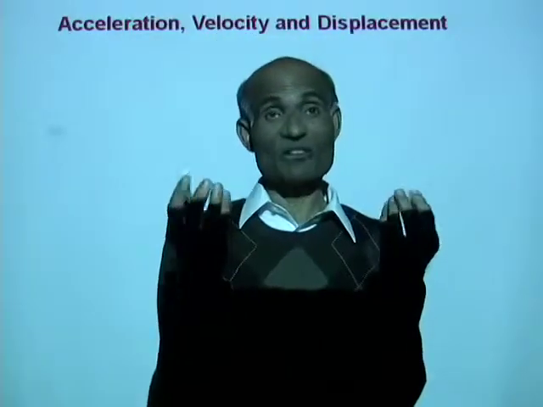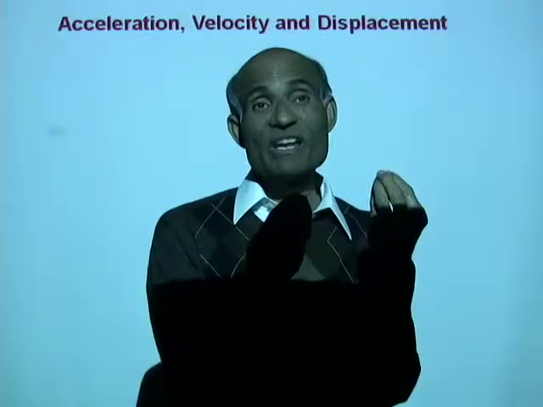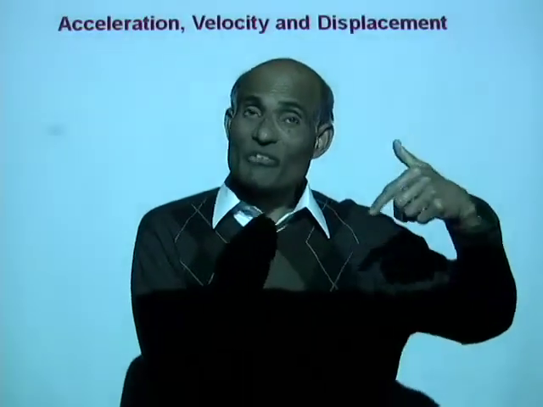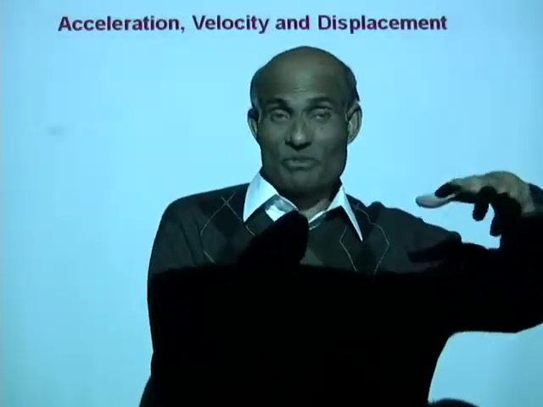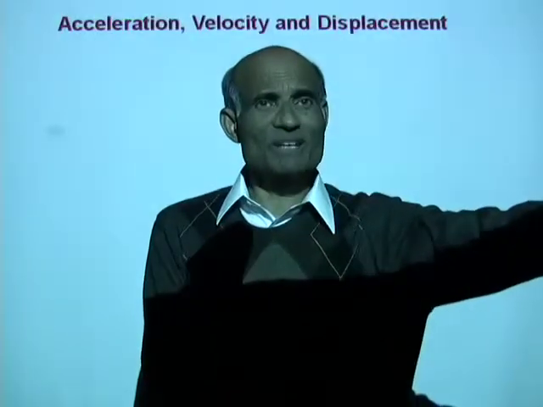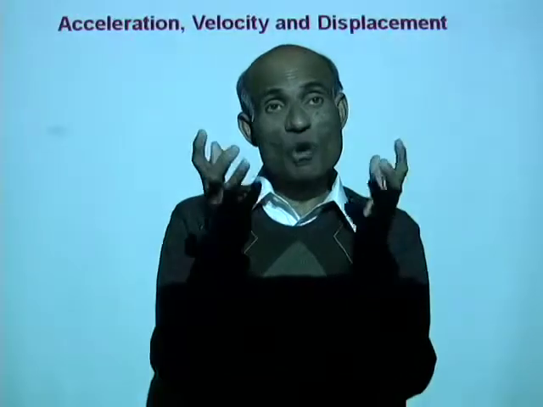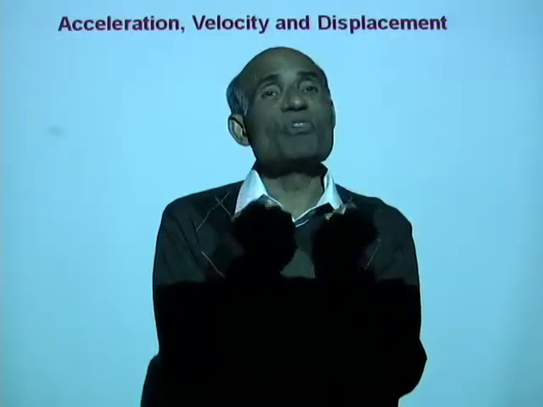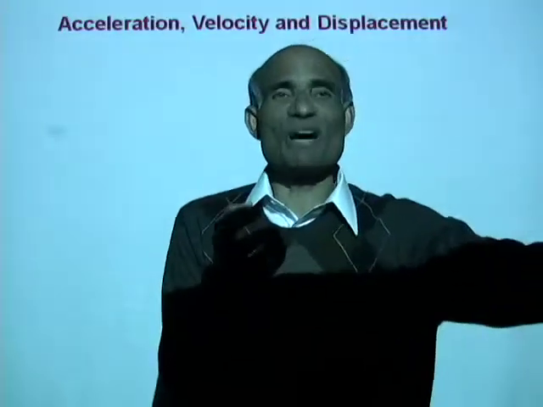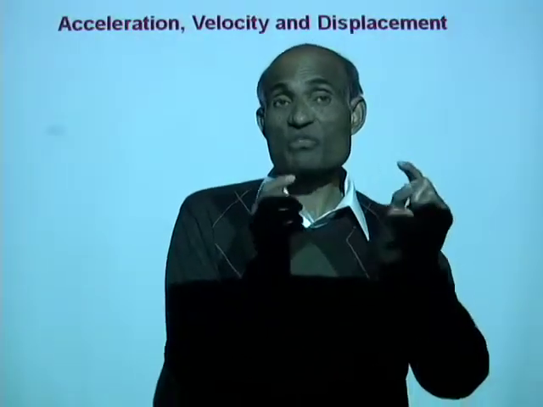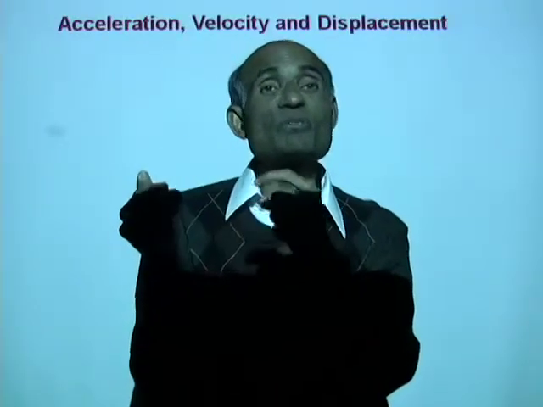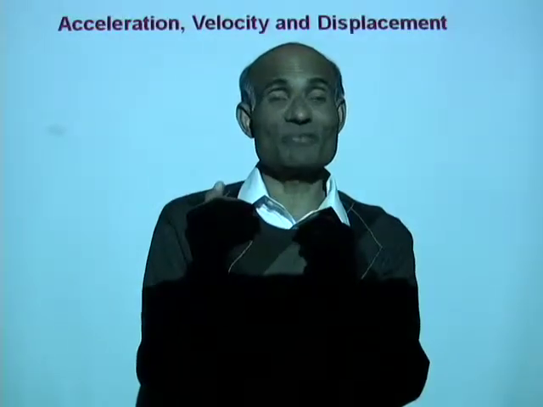We said in that class that velocity is the derivative of the position function. In other words, the speed is the rate at which distance is traveled. Is that right? Now, when you make it more concrete, we say velocity is the rate of change of position of an object. So velocity is the derivative of the position function. Acceleration is the derivative of the velocity function.